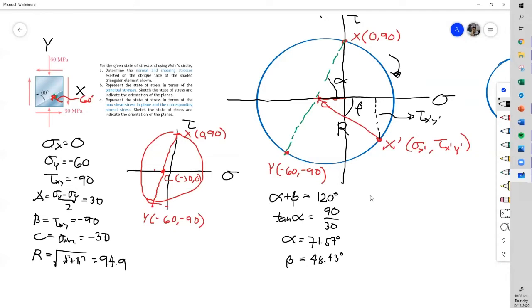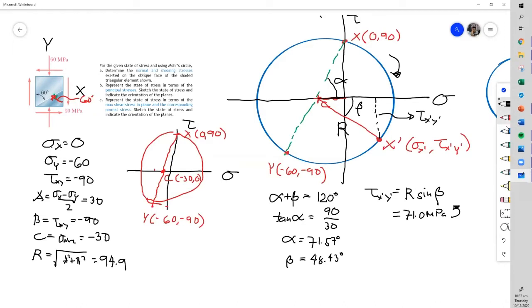So, therefore, tau x prime y prime is equal to r times sine beta. So, this one is equal to 71.0 megapascals. Now, since it is below the sigma axis, negative siya. So, sabi natin kapag Mohr circle, yung negative na tau is counterclockwise. Counterclockwise.